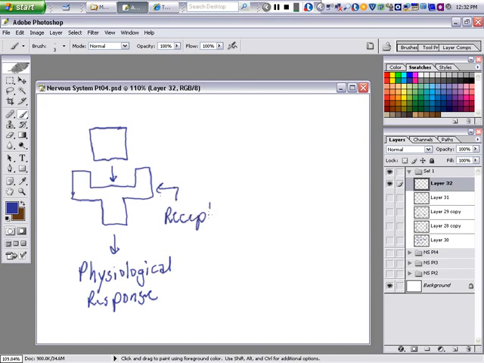In that case, the protein is a receptor.